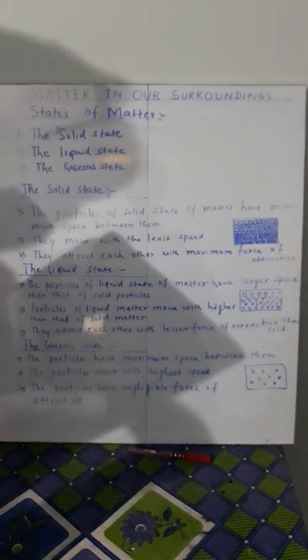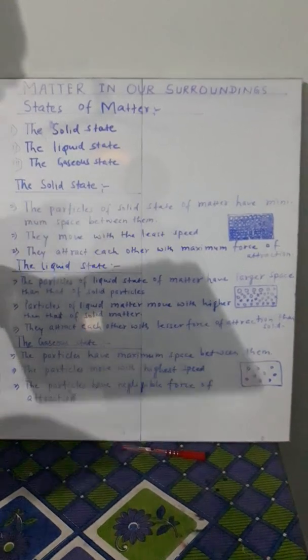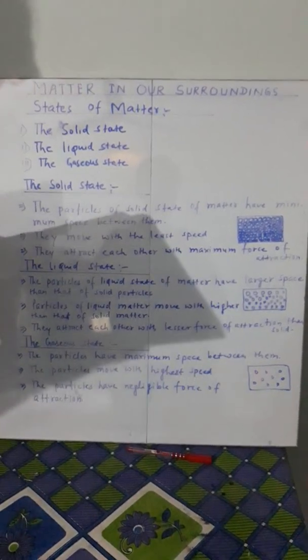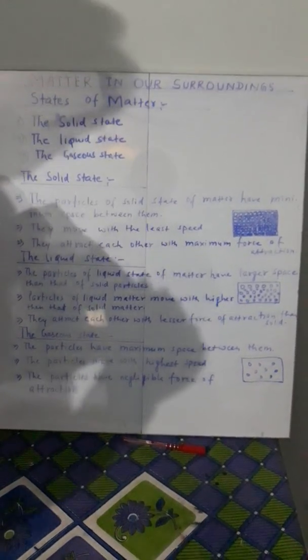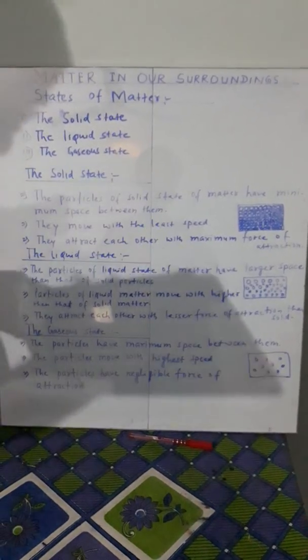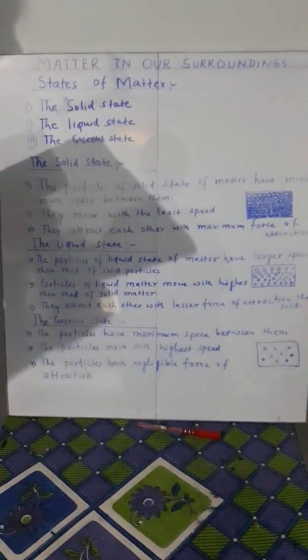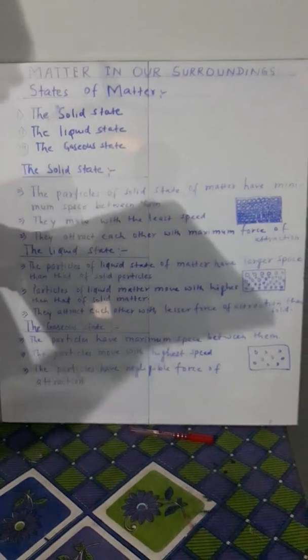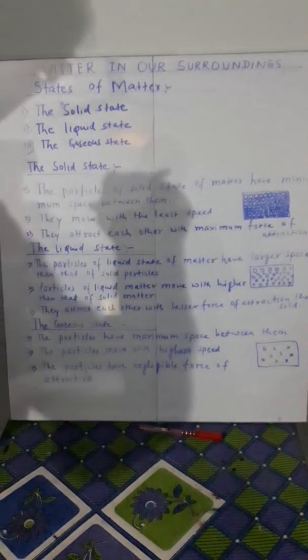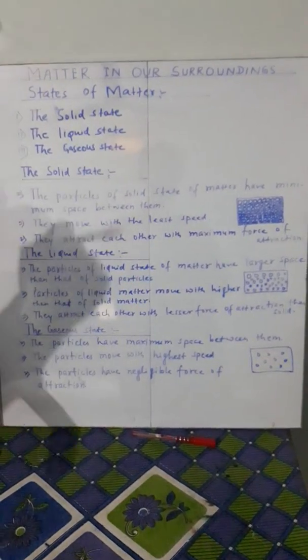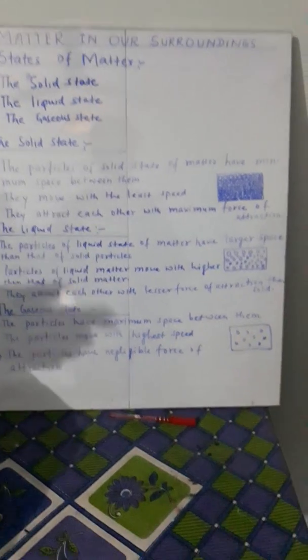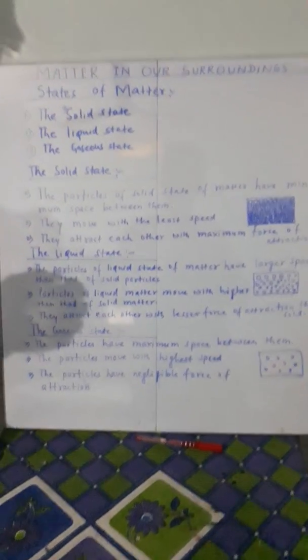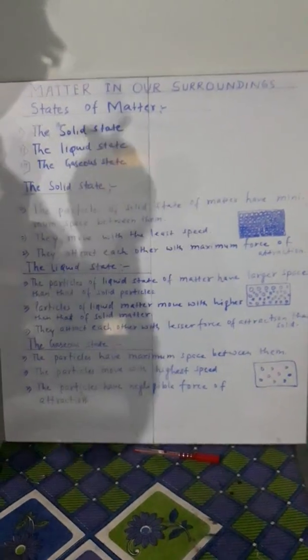So what do we conclude from this activity? That all solid materials have a fixed shape and fixed volume. They retain their shape until and unless they are hammered or an outer force is applied on them.